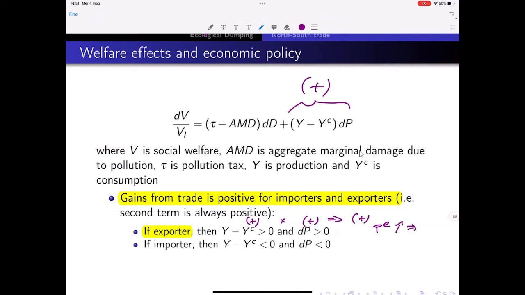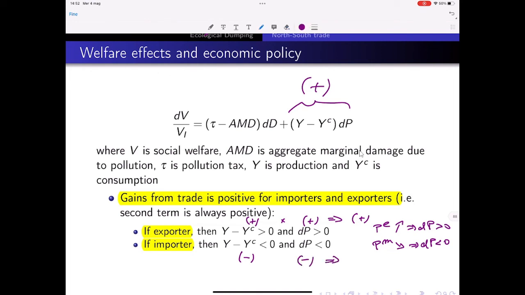So dP is positive. Therefore, I have positive times positive, which is positive. For the importer, Y minus YC is negative because production is lower than consumption. But for the importer, remember, PM goes down. That's why dP is negative. Therefore, this is negative. Oops.